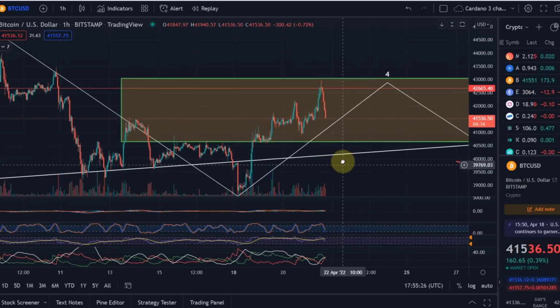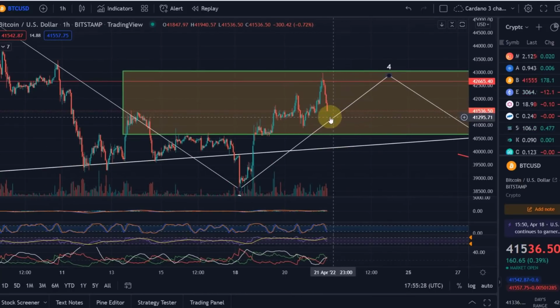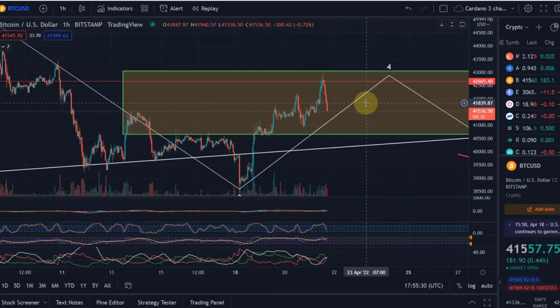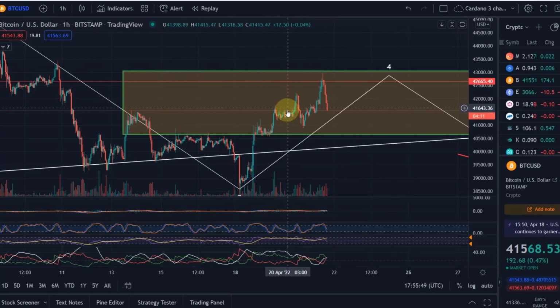In my opinion, that is clearly a corrective structure. This is not impulsive. There are a lot of people believing that we can go to new all-time highs, that we have already seen the low, and that we are currently beginning a third wave or a fifth wave to the upside, the higher level one. But I just can't see it, because this is currently looking so corrective.